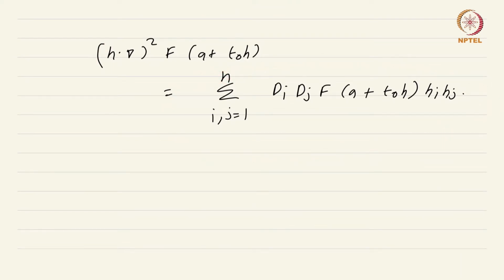Now this is looking a bit complicated, but if you think about it for a second, I can express this in terms of the Hessian. This whole thing is nothing but h dot product, the standard scalar dot product, the Hessian of the function f at the point a plus t naught h. Now this Hessian is going to be an n cross n matrix. Recall that the Hessian is nothing but the matrix of partial derivatives di dj.